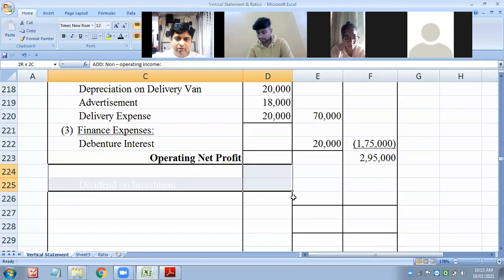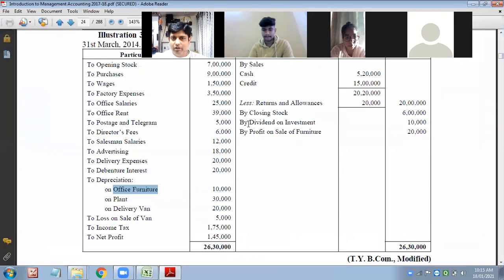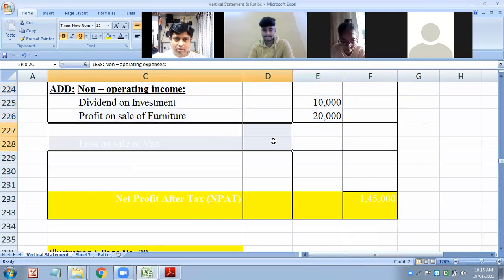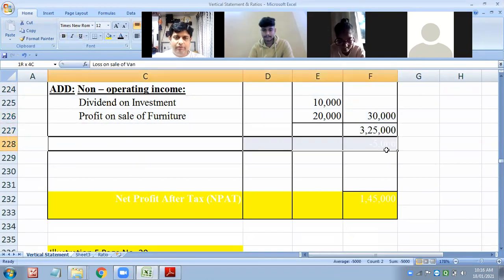So the next heading is non-operating. Those were dividend on investment and profit on sale of furniture. So these were non-operating income. And then I will deduct non-operating expenses, and that is loss on sale of delivery van, as Aryan has rightly stated.